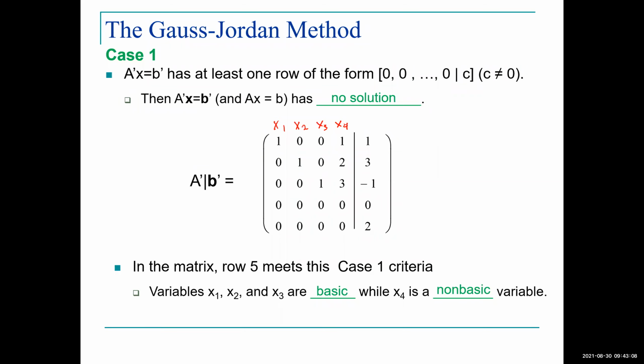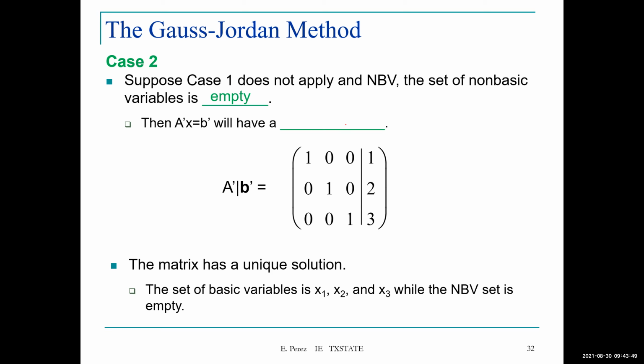Since all the columns have that format of a single 1 and the rest of them equal to 0, then we know that we have a unique solution, meaning that the solution that we obtain after applying the Gauss-Jordan method is the only solution for that linear system of equations. So this is the case in which you have a unique solution.